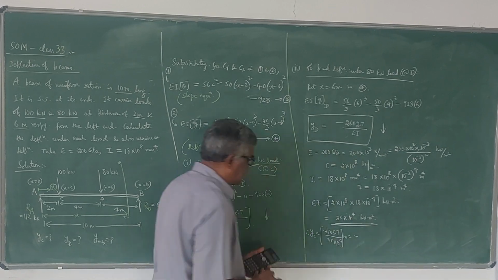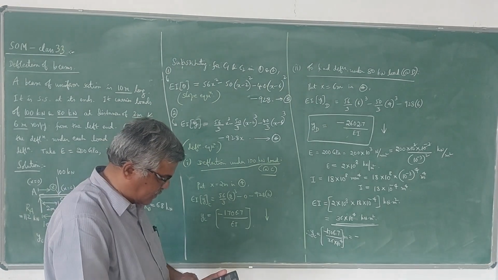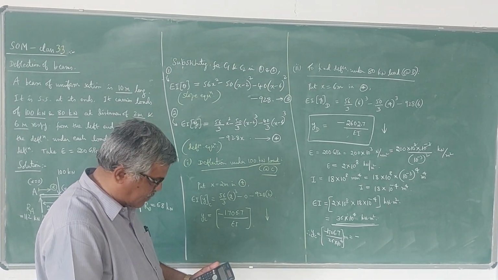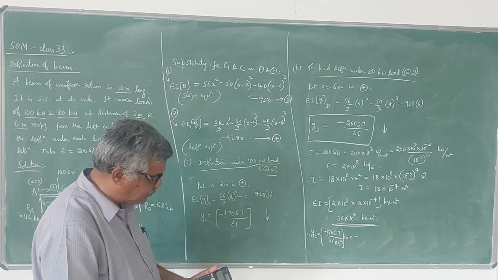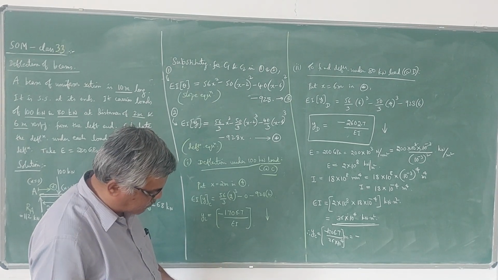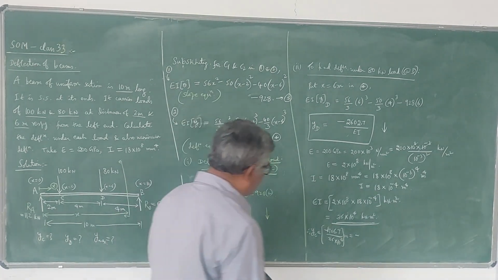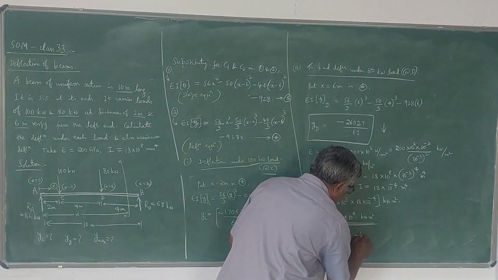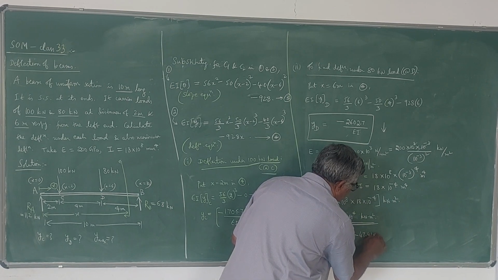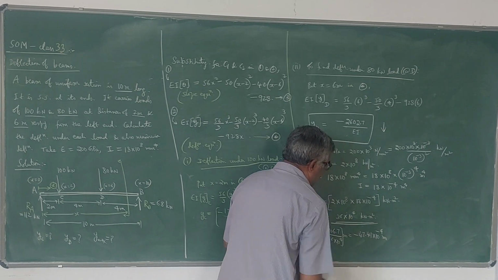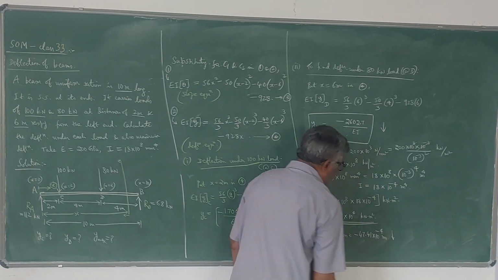It is minus 1706.7 divided by 36, which is 47.41. So 47.41 into 10 power minus 4 meter. Negative sign indicates that it is downward deflection.